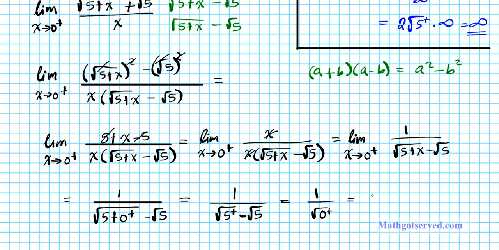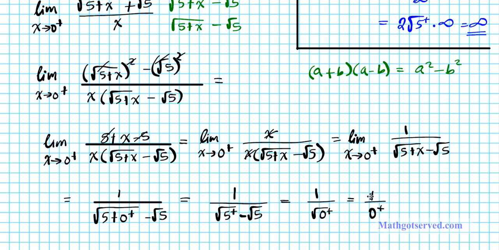If you square root that, you still end up with 0 from the right. Think about 0 from the right as a really, really small number, a number that's infinitely close to 0 from the right. So if you take the square root of that, you're still going to be really, really close to 0 from the right.